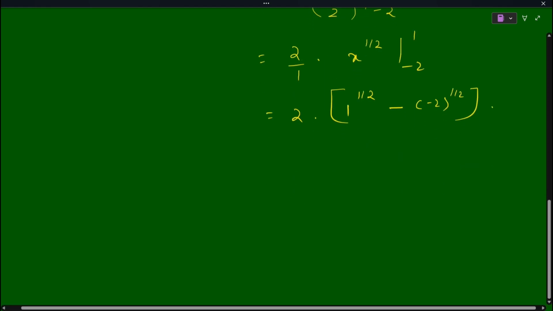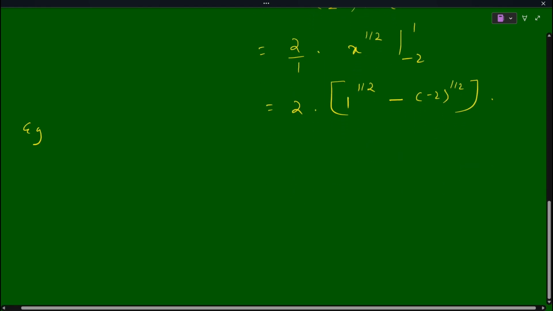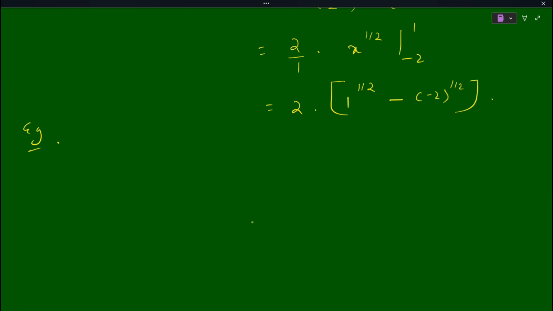Let's take another example. Suppose I want to find the definite integral from 2 to 4 of x to the power 2 dx. Then here what is the value of n? The n value is equal to 2. So this integration would be x to the power n plus 1 by n plus 1, and the limits are from 2 to 4.